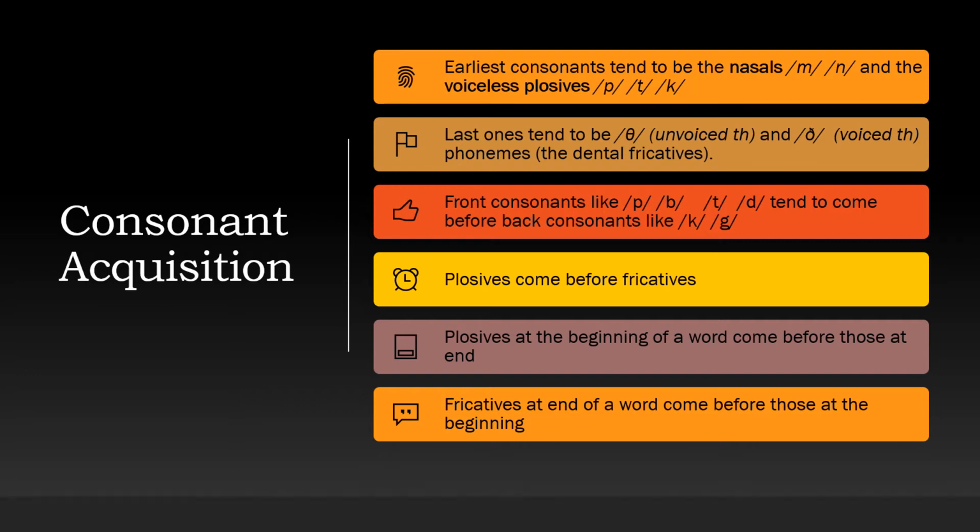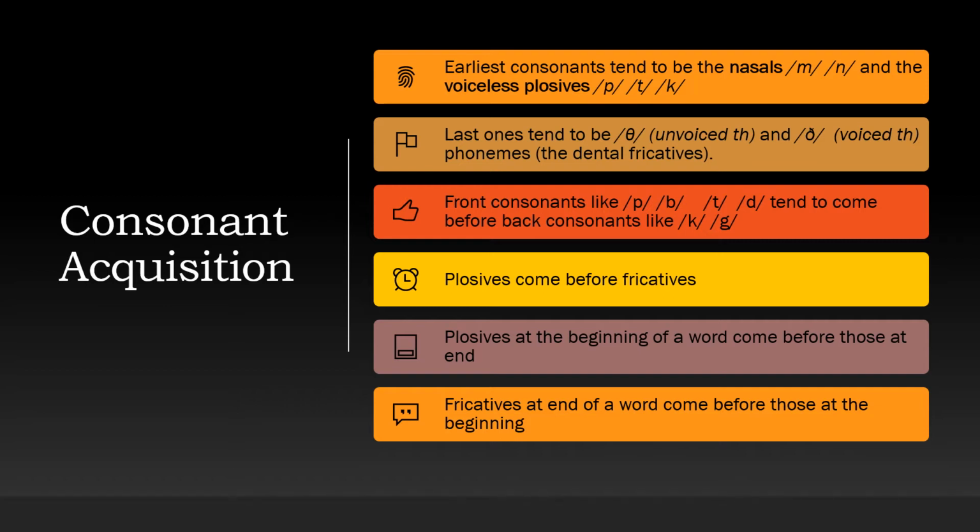They tend to be easier for children to articulate than the ones that are further back, like the k and the g, which are the velar plosives in this case. It seems to be easier for children to create the sounds where they are using their tongue or their teeth or their lips at the front of the mouth.